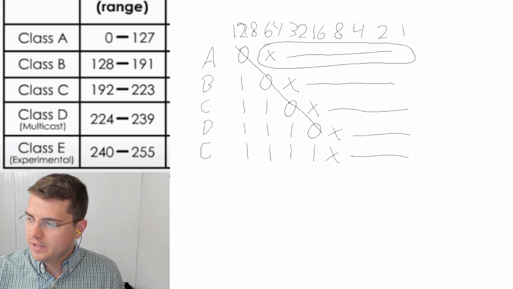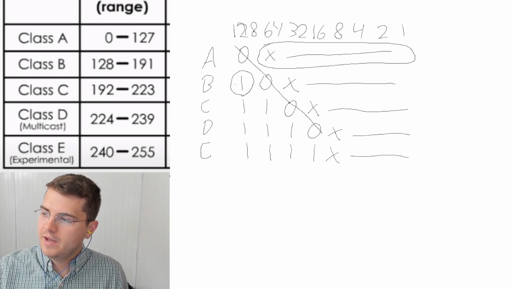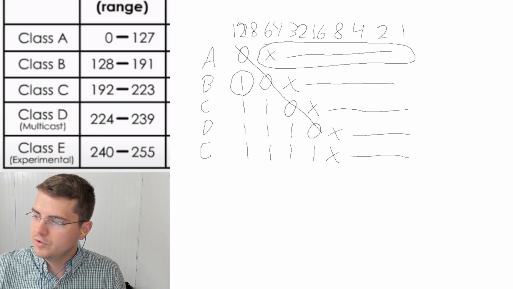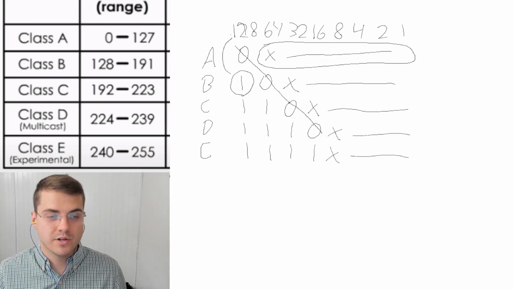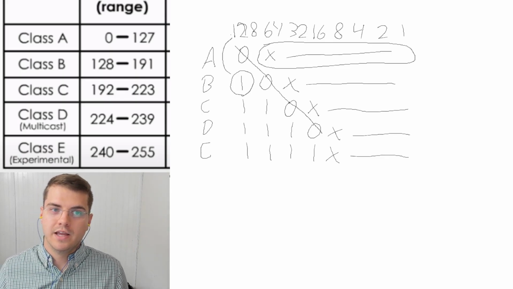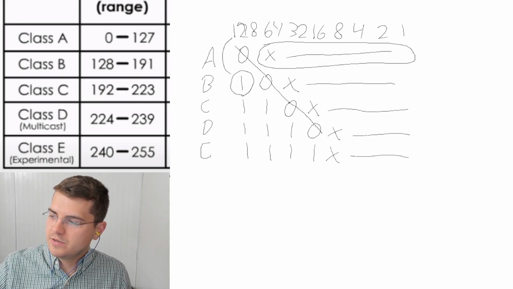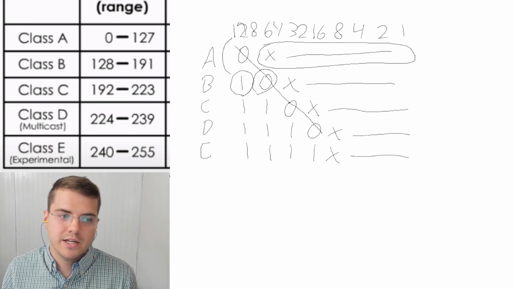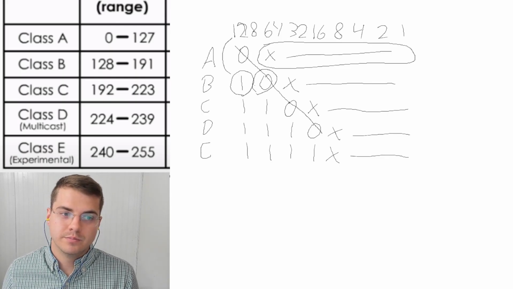The next one, as you see, has one non-variable, so the minimum is going to be this 128 right here. So that's why class B starts at 128, and the most you can add up to while having a 0 in the second column is going to be 191. The math works for the rest of them.